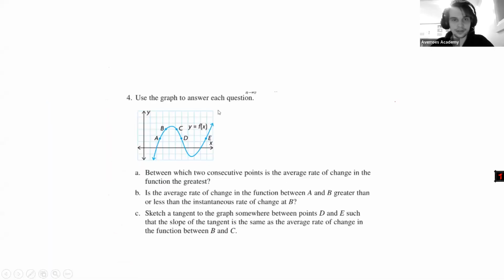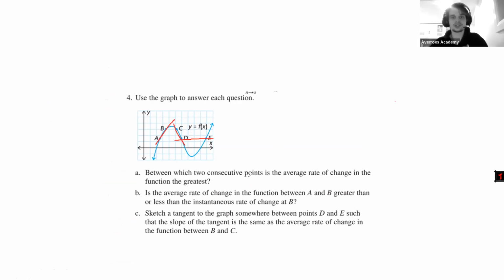Let's work with this graph a little bit for understanding. Between which two consecutive points is the average rate of change in the function the greatest? So let's do it verbally without calculation. We have these 2 points, these 2 points, and these 2 points.